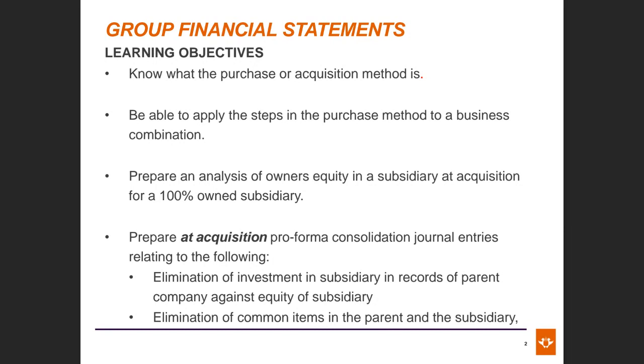Then we're going to look at the elimination of common items in the parent and the subsidiary. So often what happens, there could be a loan from the parent to the subsidiary, meaning it's a related party transaction. And on consolidation, this will need to be adjusted.